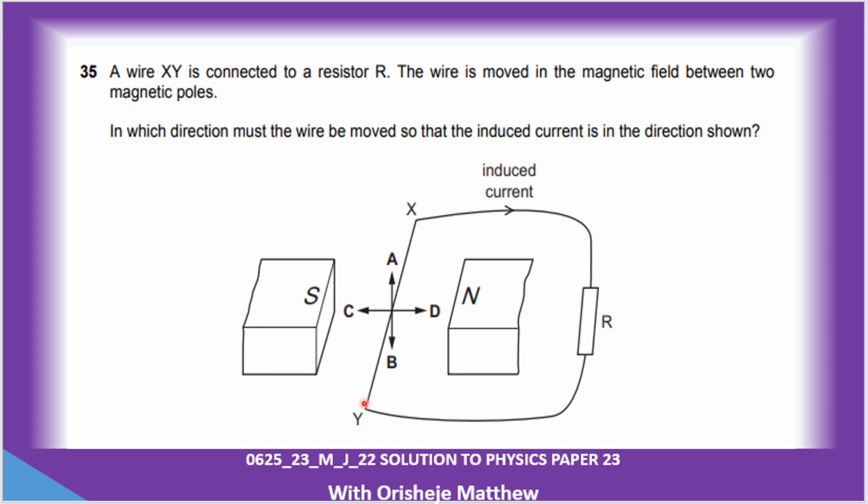In which direction must the wire be moved so that the induced current is in the direction shown? So what is the direction shown? The direction is YX. So current flows Y to X.